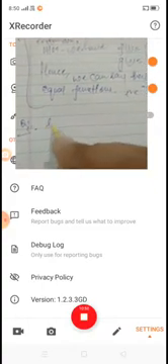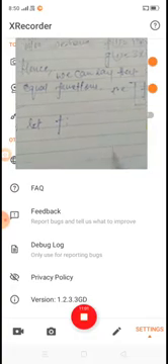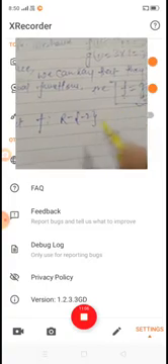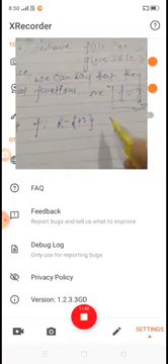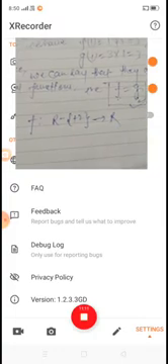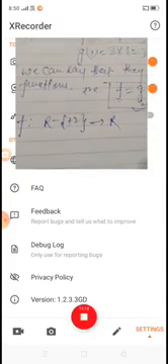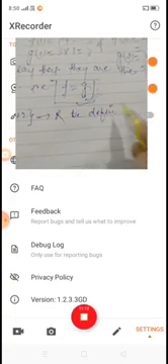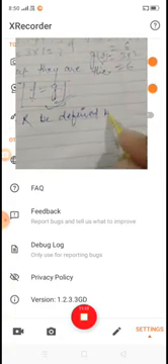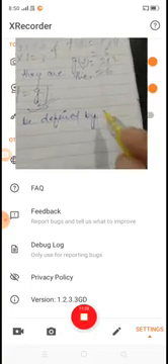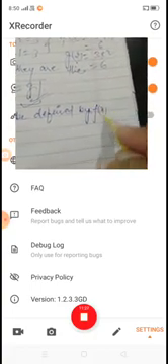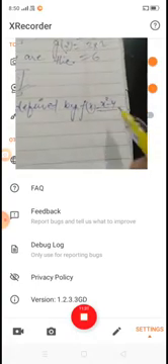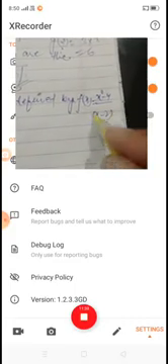Let a function f be defined from R minus {2}, that is the positive reals except 2, to R, by f of x is equal to (x square minus 4) upon (x minus 2).